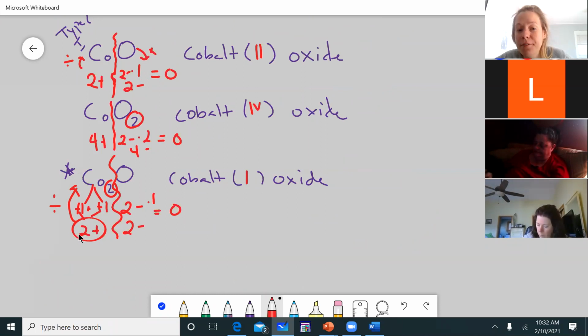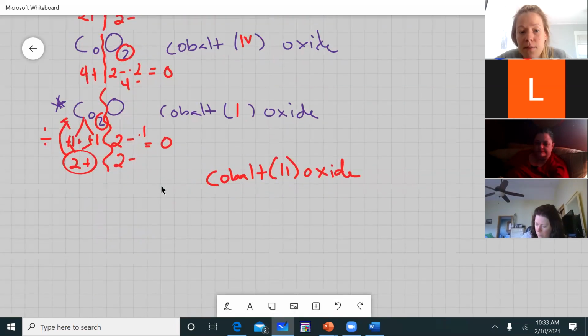What happens so often is people will see that 2 and they don't even acknowledge that there are multiples of those, and they go, oh, it's cobalt 2. But let's write out cobalt 2. This is a great way to check if you've done it, right? Cobalt 2 oxide, if that's what you had established here and you're like, I don't believe you, I want this to be cobalt 2. All right, well, let's see if you're right.